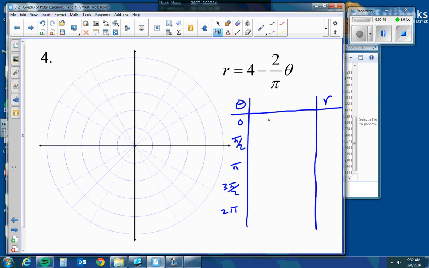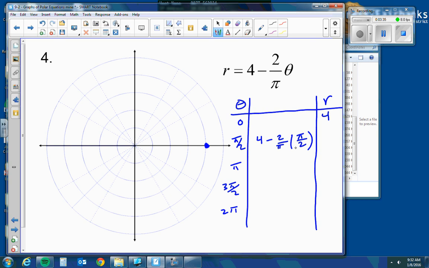Now, frankly, with 0, I'm not going to fill anything in because it becomes 4 minus 0, which is 4. That's just easy. This one, I'm going to show the work. I'm going to plug in my angle here. And here I'm keeping it in exact form instead of decimals, obviously.